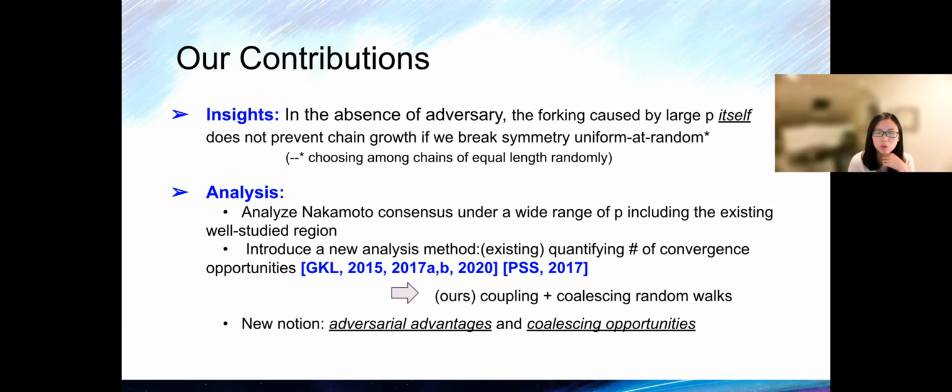We introduced several new notions, including adversarial advantage, which is itself a random process coupled with the dynamics of the Bitcoin protocol. The second notion is the coalescing opportunity, which is a counterpart of the convergence opportunity but different from the existing notion. In this quantity, we do not require P to be small, whereas in the existing quantity, P needs to be small for a convergence opportunity to occur.